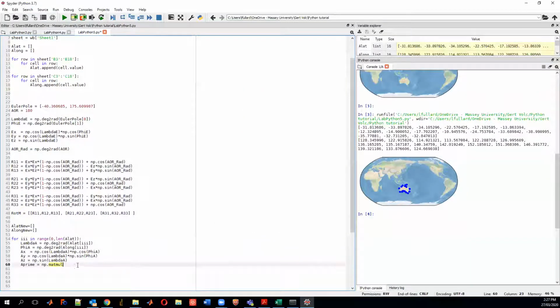So matmul of the rot m rotation matrix, and now we need to make this vector, right? So again, I'm going to put in square brackets, 3 inner lots of square brackets, and here I'll have ax, ay, and az. Okay, so this is going to take this rotation matrix and multiply it to this vector of components ax, ay, and az.